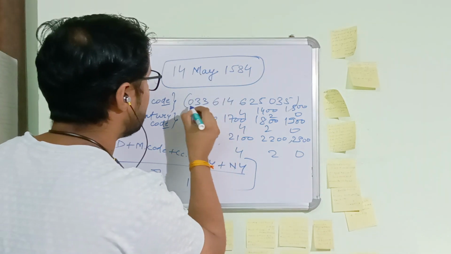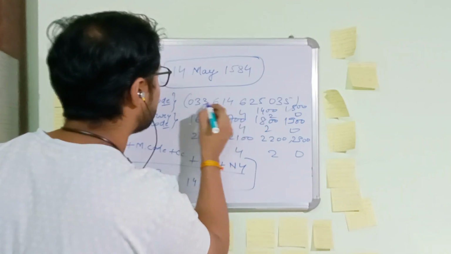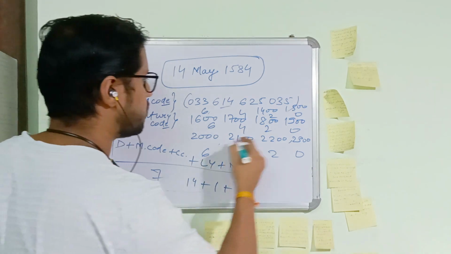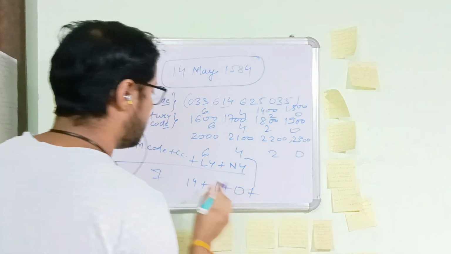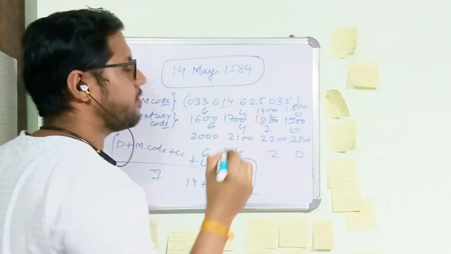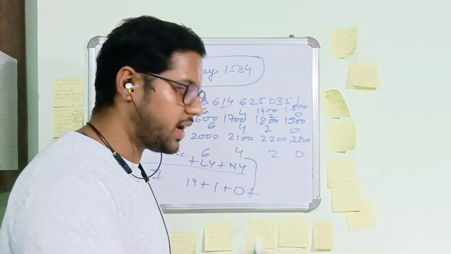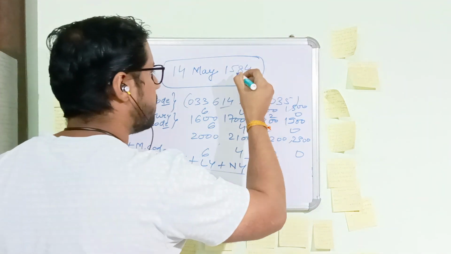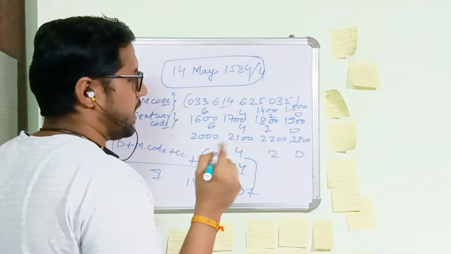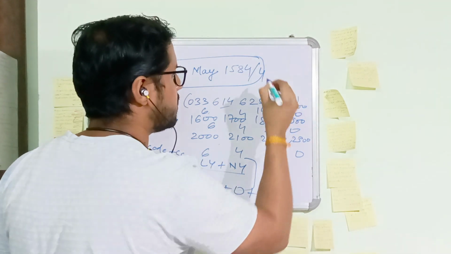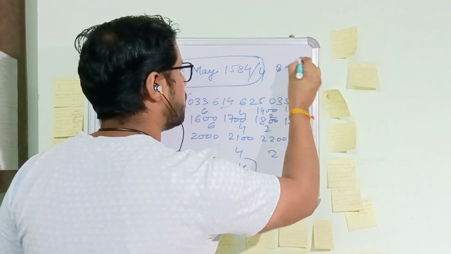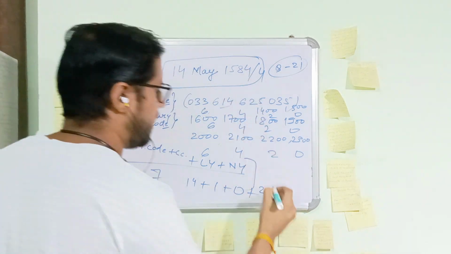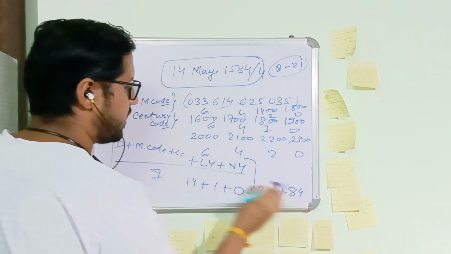May is going on, and May contains 1 as a code. 14 plus 1, century code for 1500 means 0. Leap years: how can you find them for 1584, from 1500 to 1584? How many leap years are there? You should divide 1584 by 4. What is the quotient? The quotient is 21. So you should write 21 here. And the same with 84, just write it down as normal years.